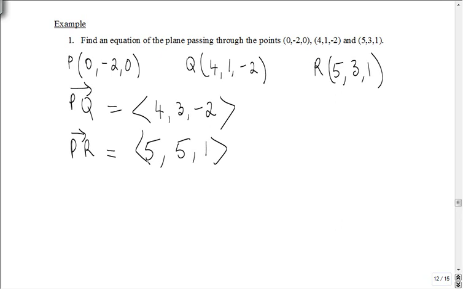So we have two displacement vectors. Now, the normal vector N is the cross product of PQ and PR. So enter these into your calculator and tell me what you get.